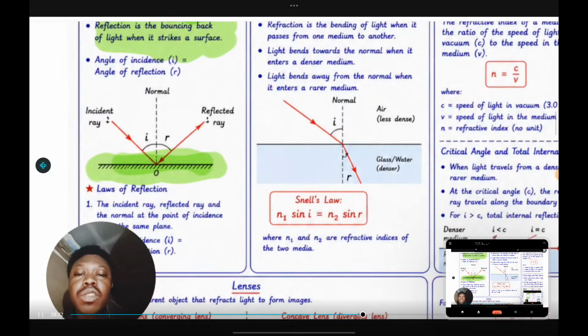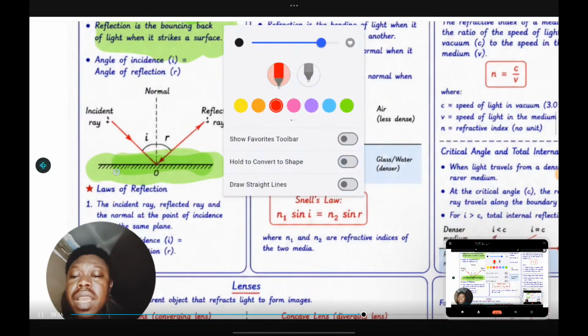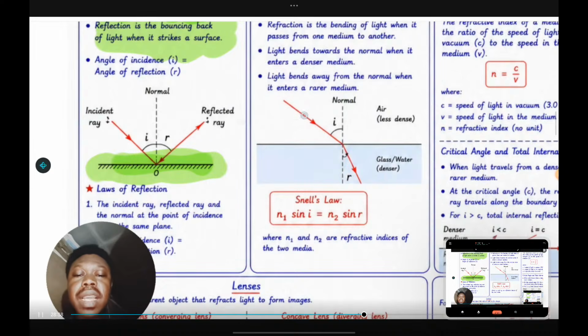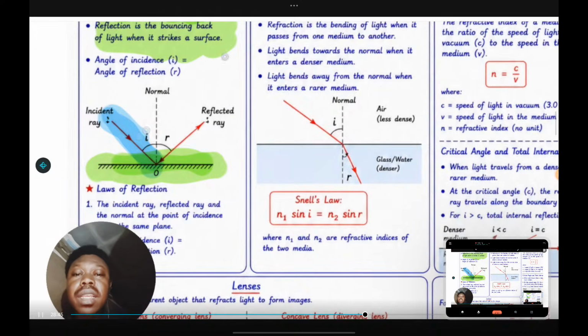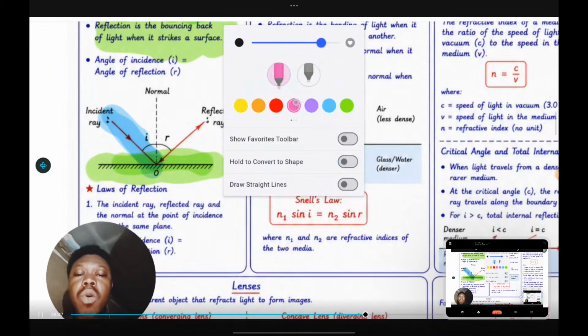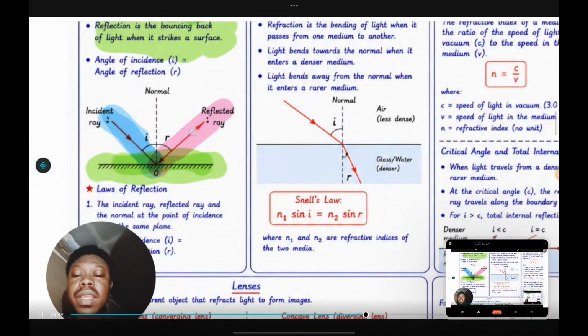This is a mirror. Let's assume it is a mirror that is coated at this end. Then this is our incident ray, and this is our what? Reflected ray. Since we are dealing with reflection, we call it reflected, not refracted. Then this is our normal.